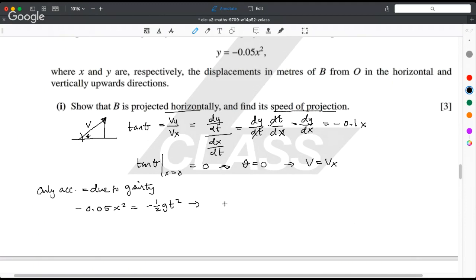So if you rearrange this, you will get that x is equal to the square root of g over 0.1 times t. And therefore, if you differentiate, you get that dx dt is equal to square root of g over 0.1, which is 10 meters per second.